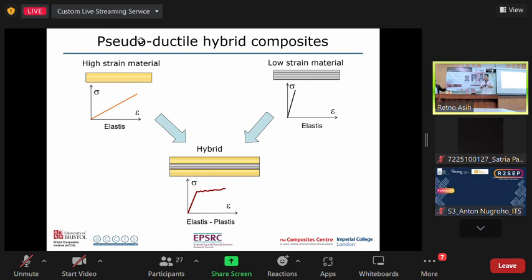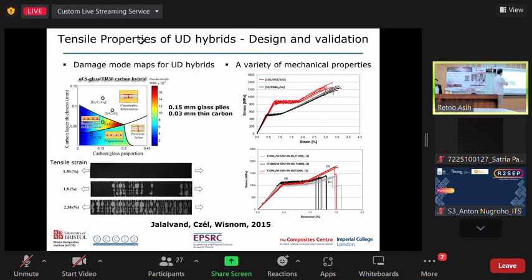Perhaps the damage mode map you can show. Oh, yeah. That also helps. Yeah, the next slide. This is the damage mode map. The carbon-glass proportion is related to the thickness ratio between the carbon and the glass. If the thickness ratio of carbon becomes larger, we'll have catastrophic failure. Or if the carbon layer thickness is quite high and the carbon and glass proportion is quite high, we will also have a fracture and quite quick delamination.